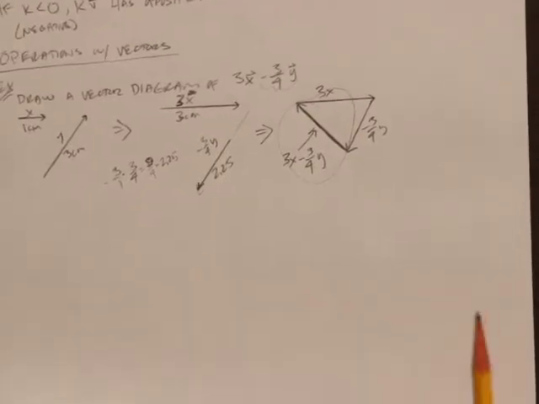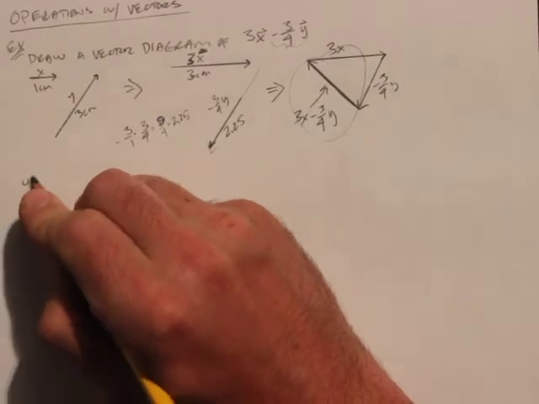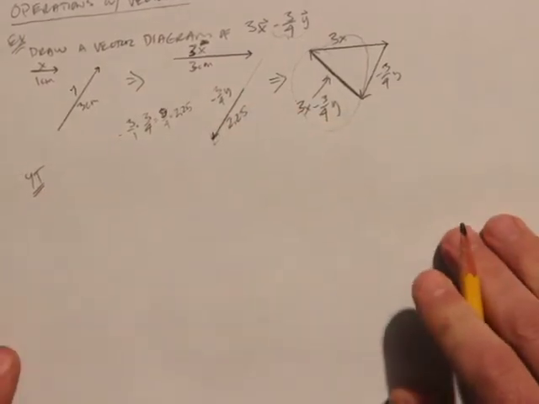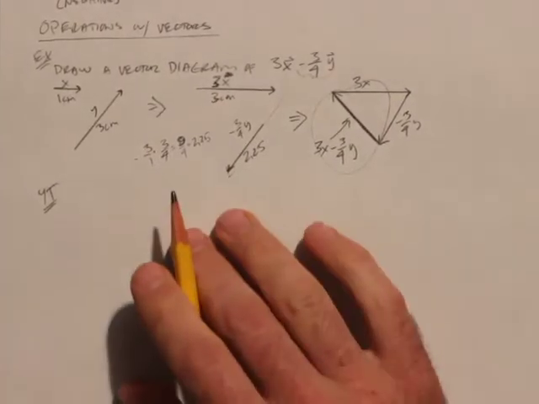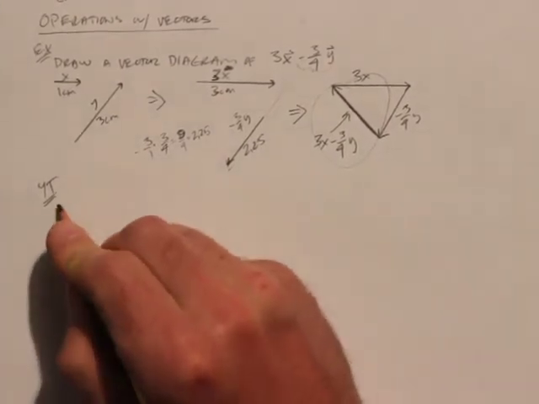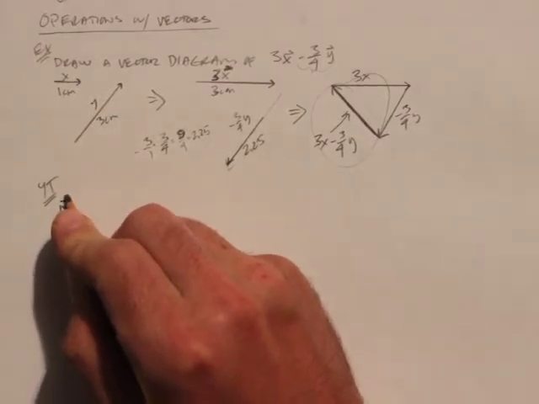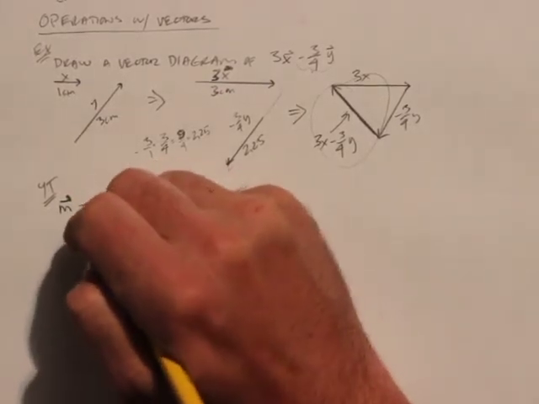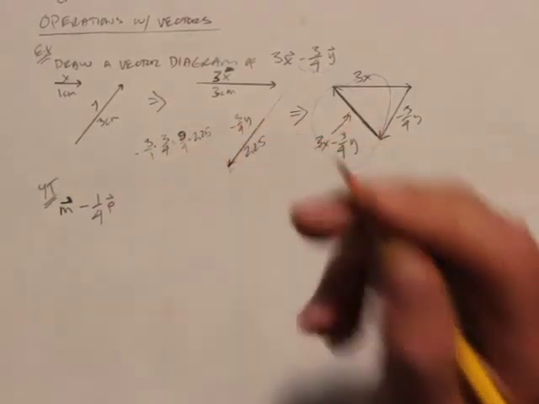Not too bad, right? Let's have you guys do one. And this is vector m minus 1/4 vector p.